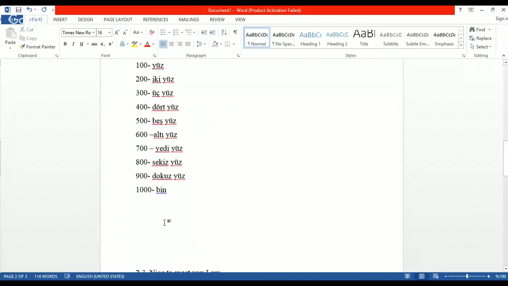So now let's come to telephone numbers. Telephone numbers are basically written in Turkish like this. This is an example of a cell phone number.